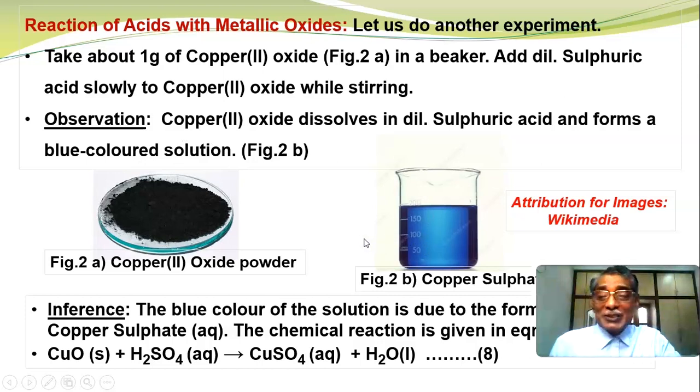This is our observation, but what is our inference? The blue color of the solution is due to the formation of copper sulfate aqueous. The chemical reaction is given in equation 8. CuO solid plus H2SO4 aqueous gives rise to CuSO4 aqueous plus H2O.